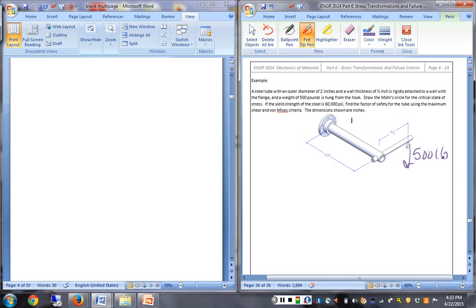And our instructions say draw Mohr's circle for the critical stress state, which we have to figure out how to identify which state is the critical stress state. We say yield strength is 60,000, and find the factor of safety using max shear and von Mises. Dimensions are in inches.